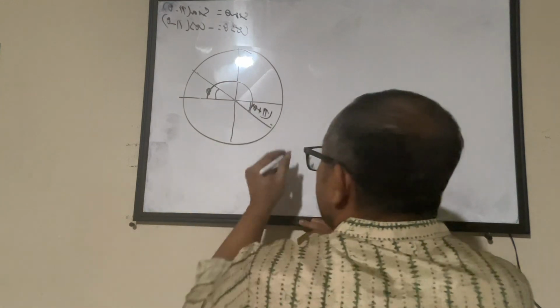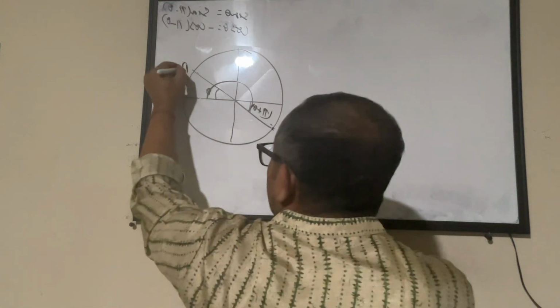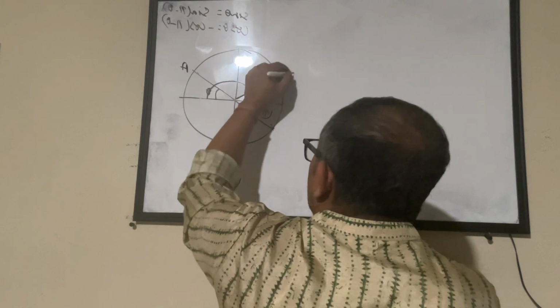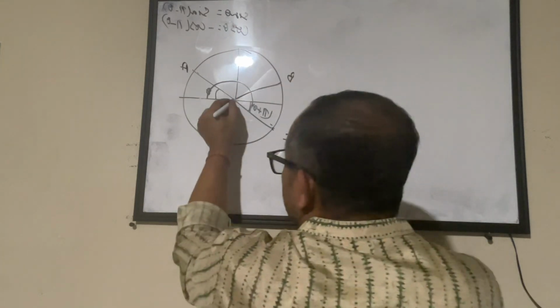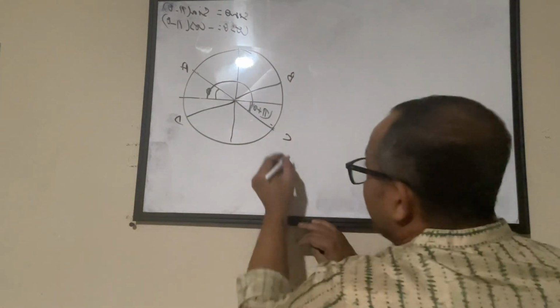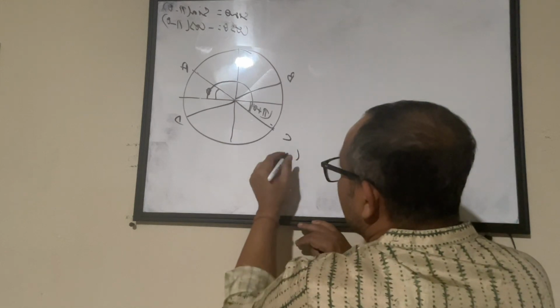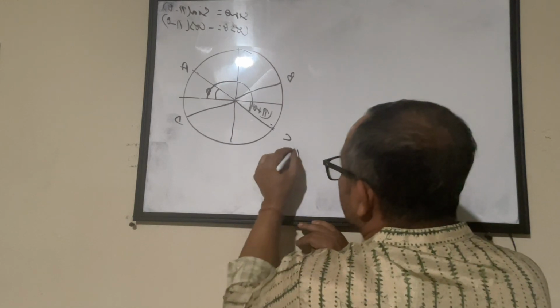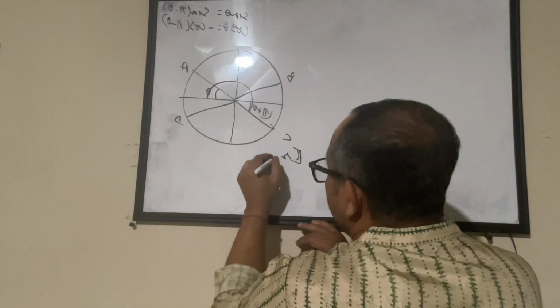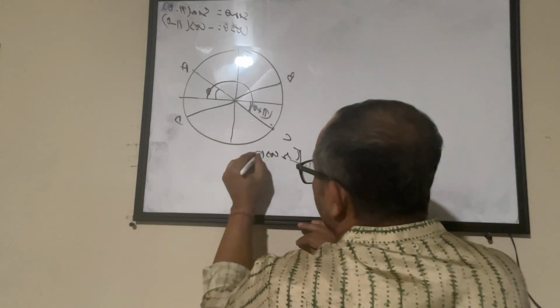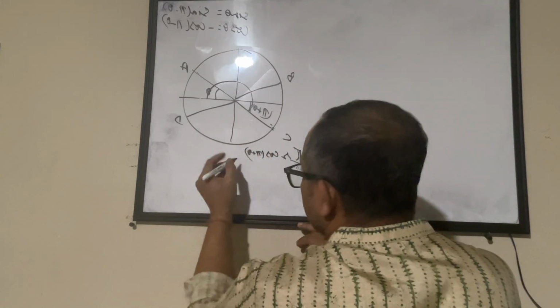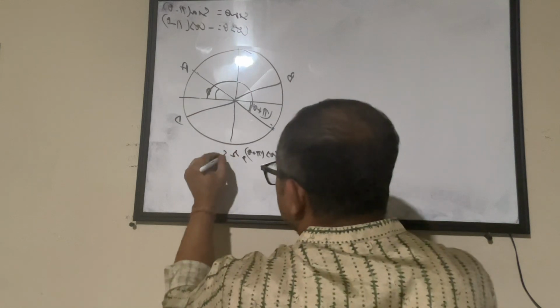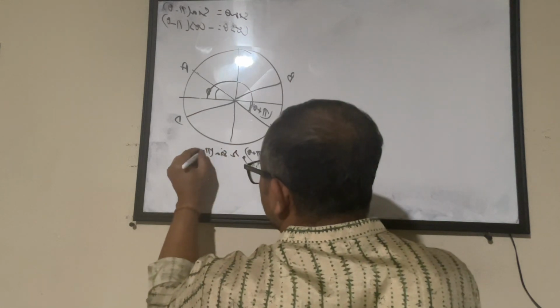So this was my A, this was my B, this is my C, and this is my D. So for C, my x and y coordinates are r of cos pi plus theta and r of sine pi plus theta.